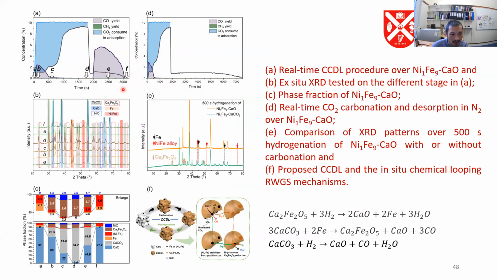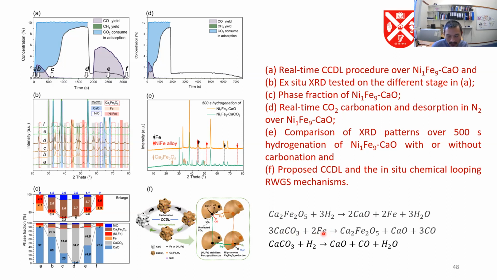And we did some XRD analysis. Basically, we take the sample out at different stages, and we do the ex situ XRD analysis. One of the key pieces of information here is that we confirm the calcium iron oxide is very important in this process. It can react with hydrogen, be reduced to produce calcium oxide and iron, and can also be reduced by iron.